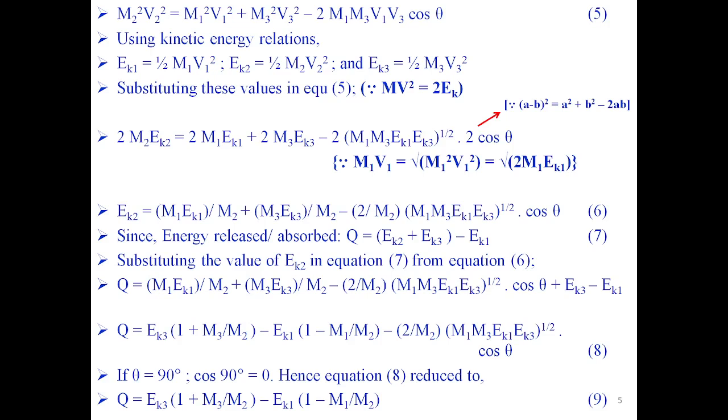So substituting these values in equation 5, we get 2 m2 Ek2, which is equal to 2 m1 Ek1, since m v squared equals 2 Ek, plus 2 m3 Ek3 minus this term.